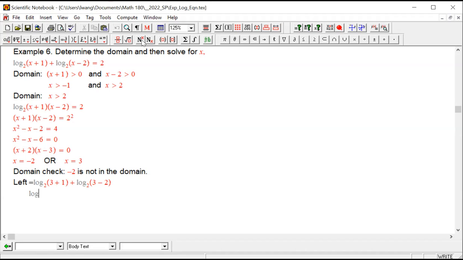We get log base 2 of 4 plus log base 2 of 1. And this latter equals 0. And finally, we get 2. 2 equals the right-hand side.